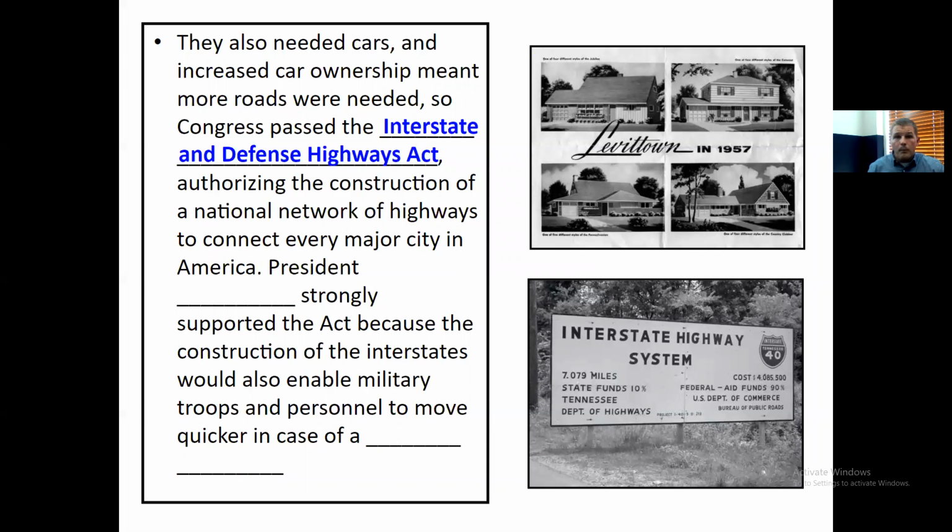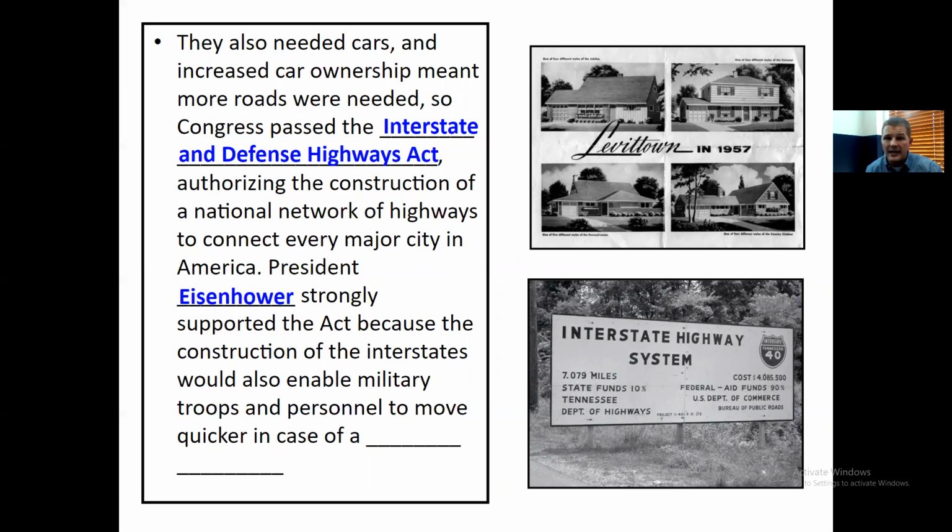Now, President Eisenhower supported this act because not only did it make cities and states and businesses function better, and it was needed, but by this time the United States was involved in the Cold War, which we already kind of have an idea what that is.